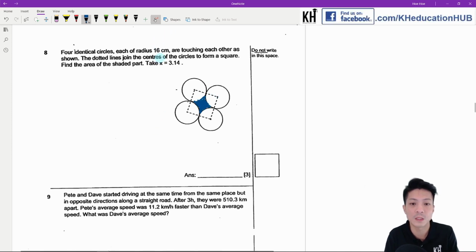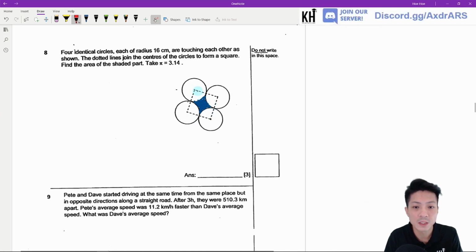In order to solve this question, we need to find the area of the square, minus away the area of the 4 quarter circles. We know that the 4 quarter circles are equal to the area of 1 full circle. So this 1, 2, 3, 4 quarter circles is equal to 1 full circle.